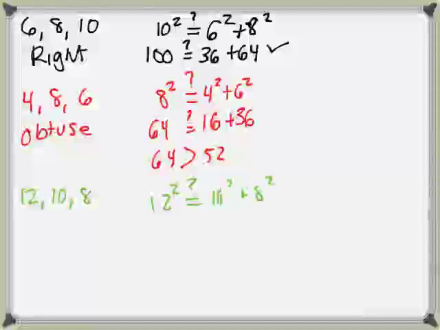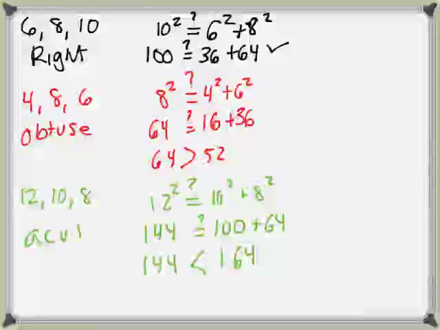What's 12 squared? 144. 10 squared? 100. 8 squared? 64. So I get 144 is smaller than 164. So the side that we're thinking was maybe a hypotenuse was actually too small to be a hypotenuse, means the angle was too small to be a right angle. So this triangle is acute. Okay? Questions so far?